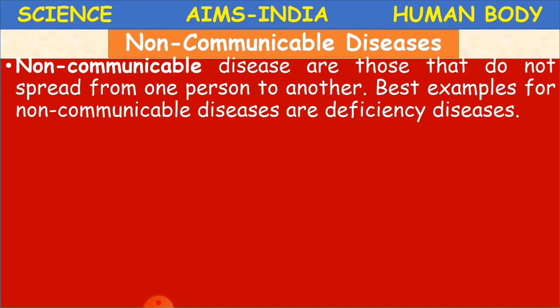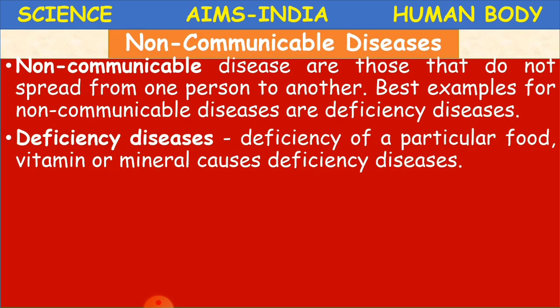Okay, why do we get the deficiency diseases, children? When we don't take a balanced diet. Deficiency diseases are what? Deficiency of a particular food, vitamin or mineral causes deficiency diseases. So when there is a deficiency of a particular food, vitamin or mineral, then we get this type of deficiency disease.